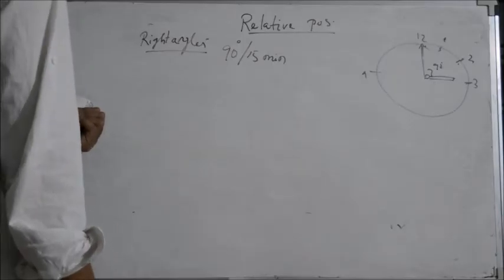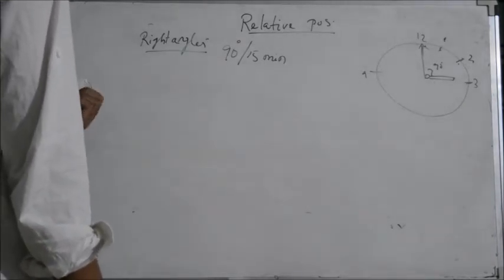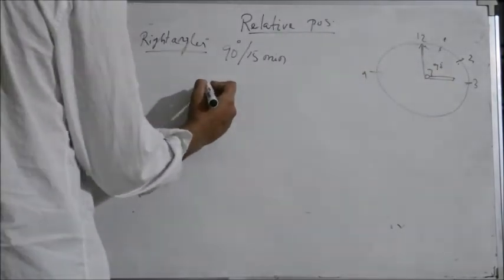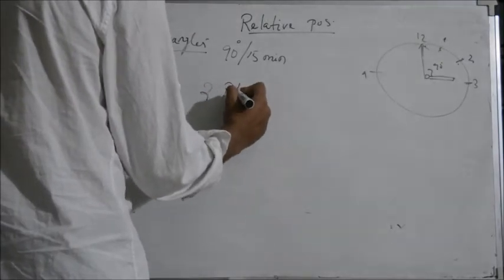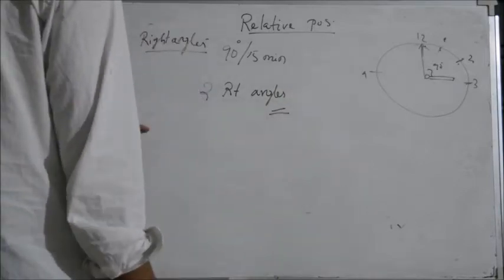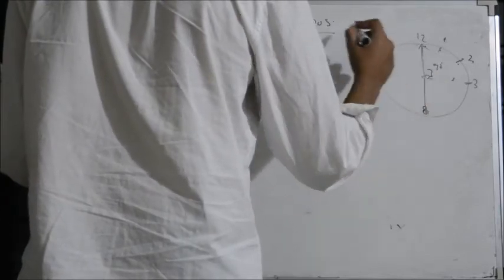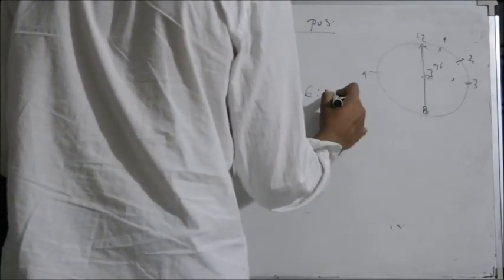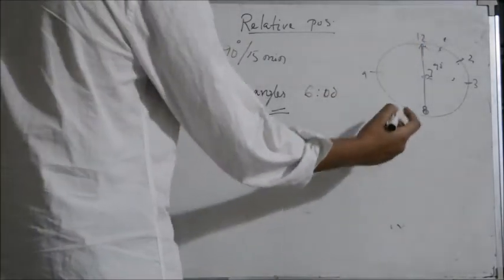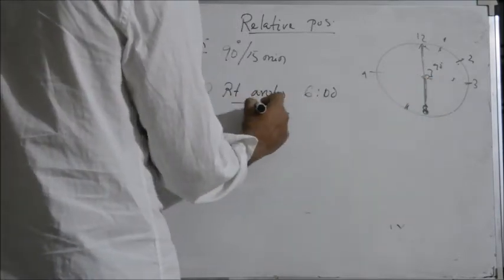Now let's see how many right angles there are. How many right angles are there in 1 hour? In 1 hour there will be 2 right angles. Suppose the time is 6 o'clock. When the clock moves and reaches 7 o'clock, how many right angles will we get? 2 right angles.